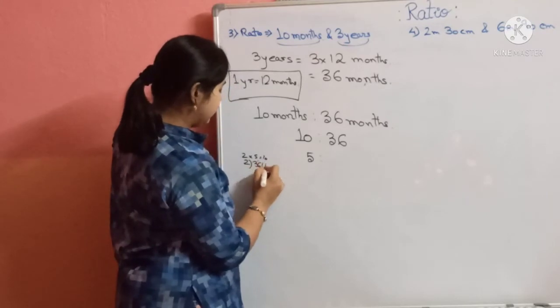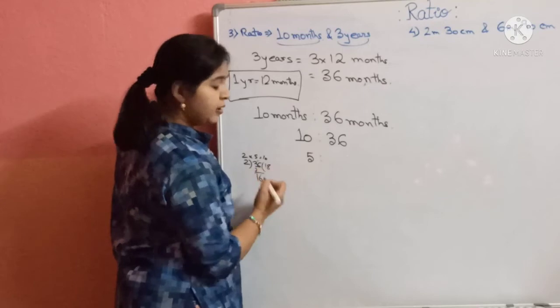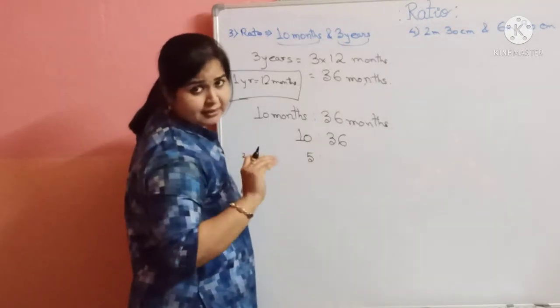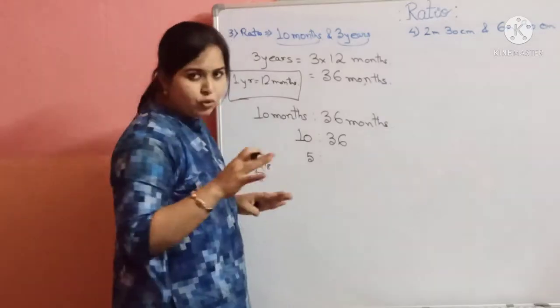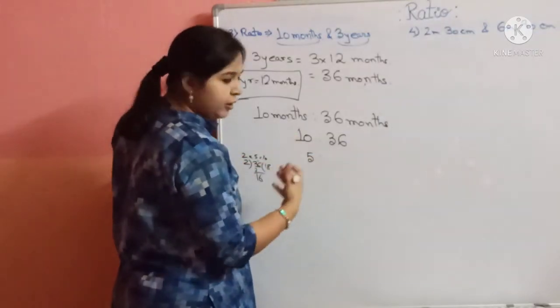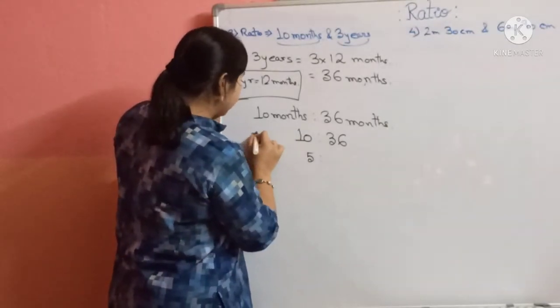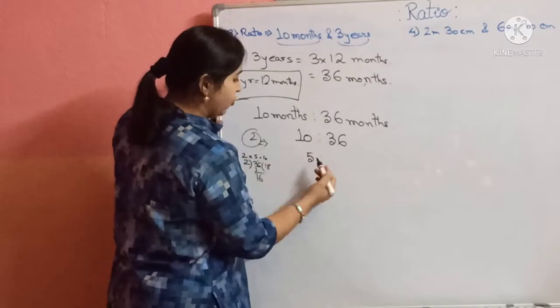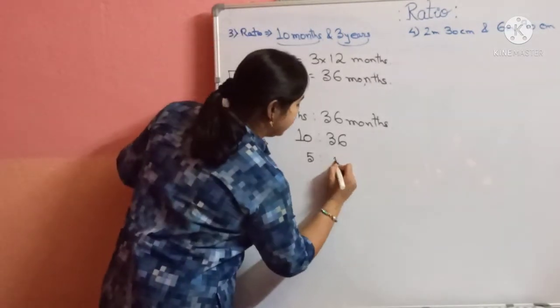Divide it. If you remember your tables, you will know there is no requirement to do it this way. Those who don't remember, for them I am showing. So 2 is the common divisibility factor here, and what we get in the result is 5 and 18.